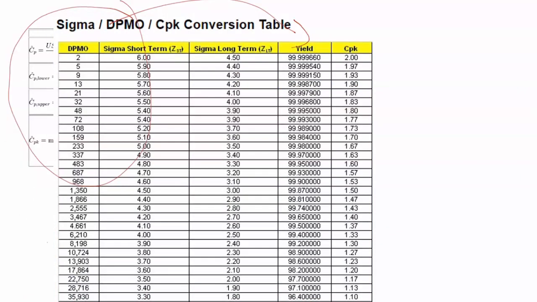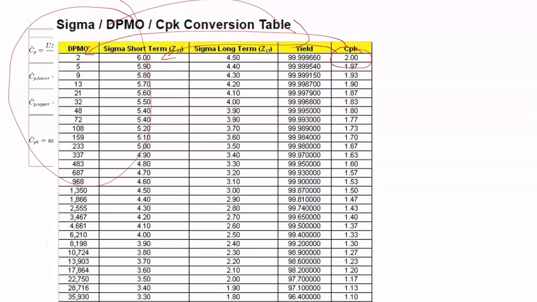And what I wanted to show you was if you calculate a CP equal to 2, that's the equivalent of a Six Sigma process, and DPMOs of about 2, technically 3.4 defects per million opportunities, and so on.